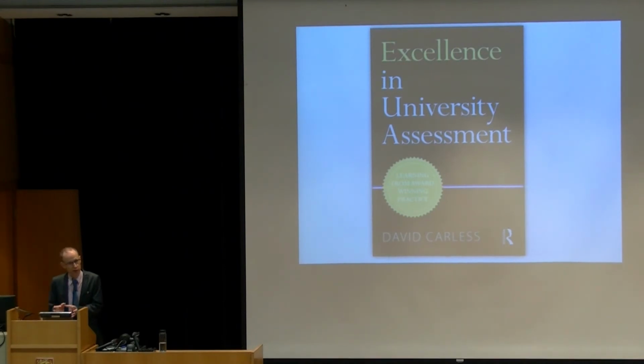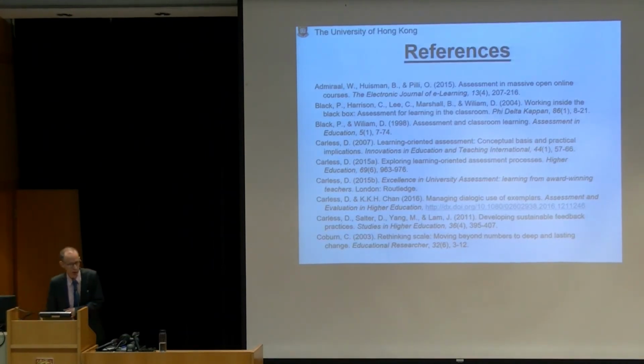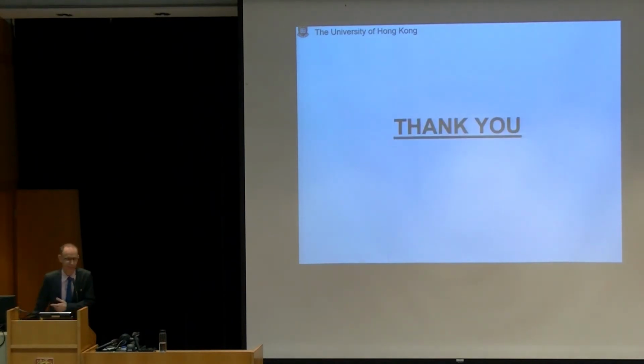I followed their classes in an ethnographically oriented way, and I wrote up their assessment for learning practices in this book. So you've got a long list of references here. And that's it. Thank you very much.